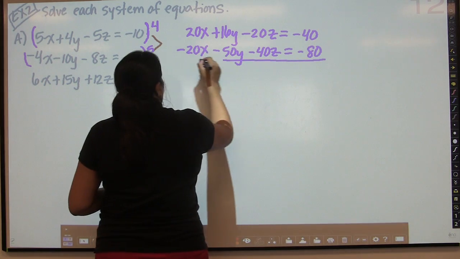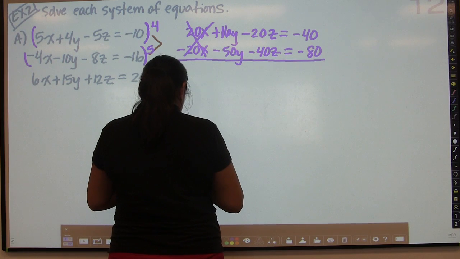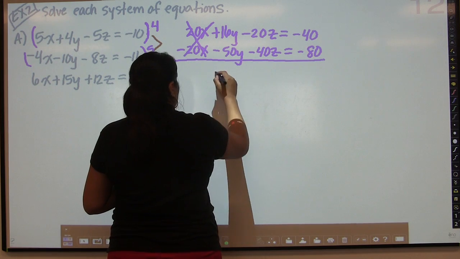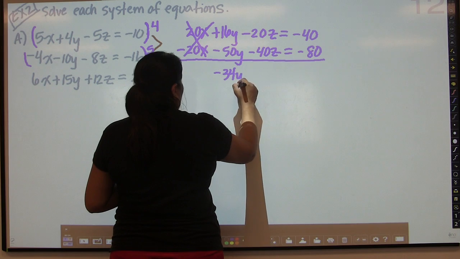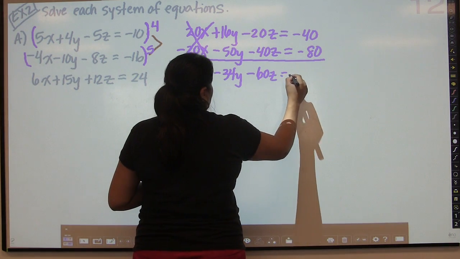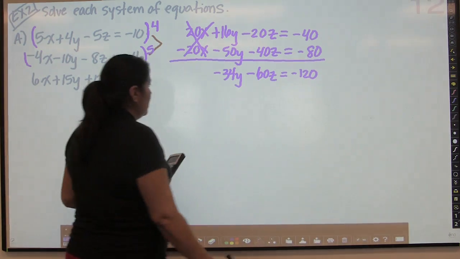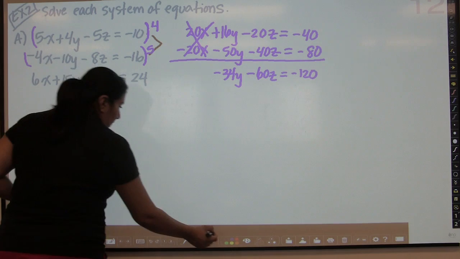Add these 2 together, and the x's are going to cancel. 16 minus 50 is -34y. 20 and 40 is -60z. And -120. Awesome. Okay.